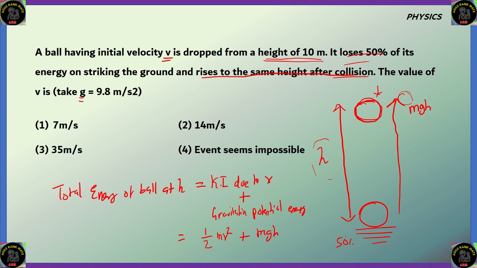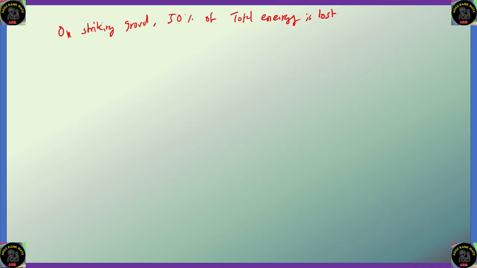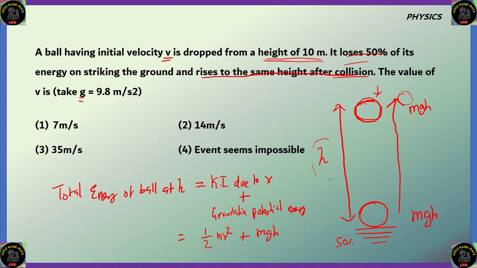Since energy is constant, when it was first rising after collision, this would also be equal to mgh. Before that we need to know that 50% of the energy is equal to mgh.